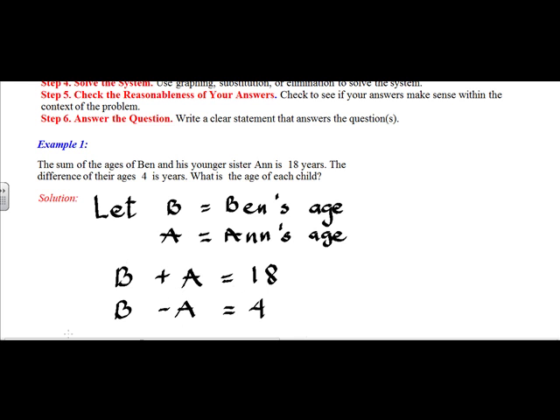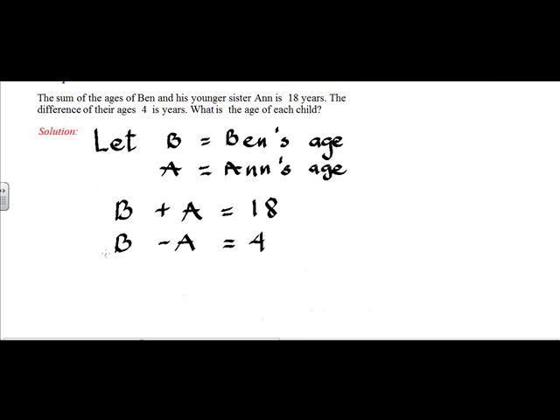So why not use the addition method? It's easy. When added together, you have 2B.